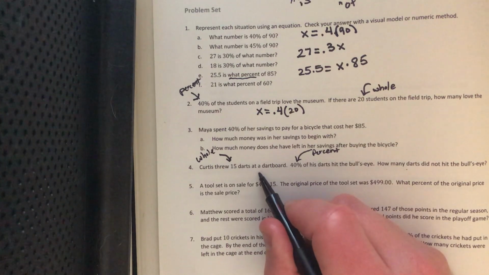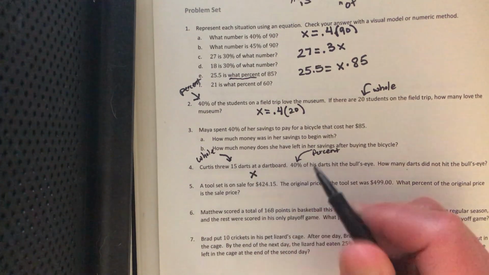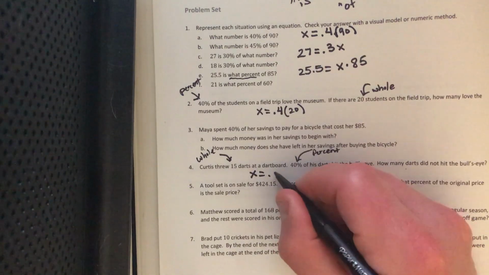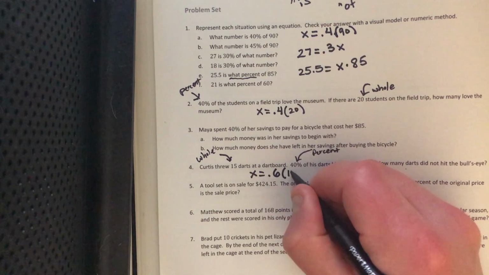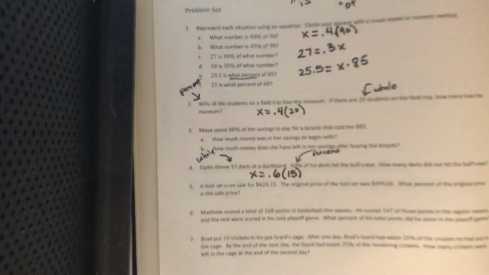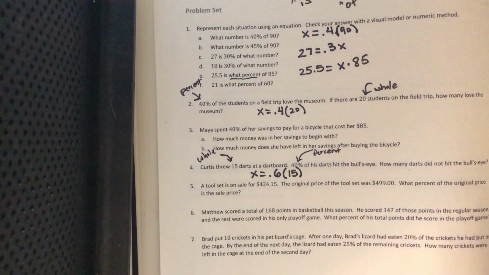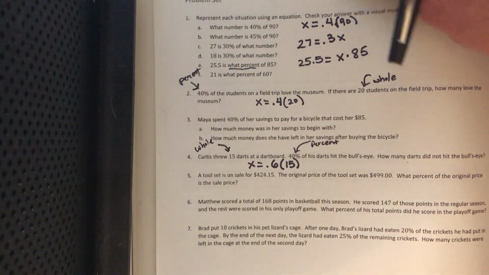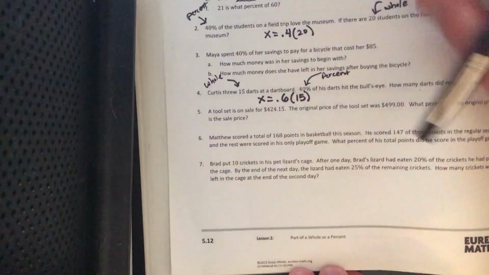I'm going to say the number of darts that did not hit, X, the thing that we're trying to figure out, is going to equal 60%, or 0.6, times the whole, the total number of times he threw the darts, which was 15. So multiplying 0.6 by 15 should get you something smaller than 15. It's probably going to come out to around 9 or something like that, maybe 8.